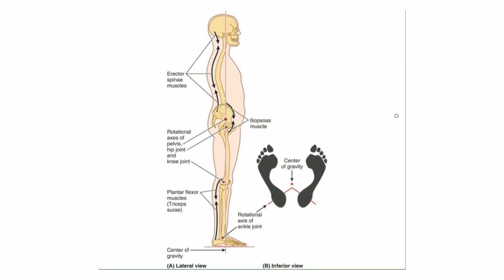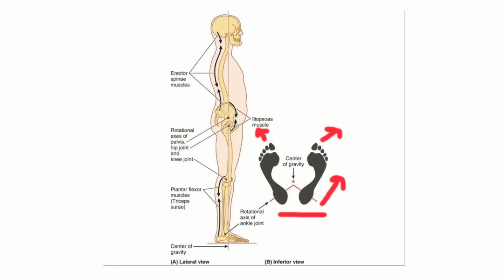When a person is standing at ease, the feet are slightly apart, as you can see here, and the feet are rotated laterally, and the toes are pointing outwards, as you can see in this picture.